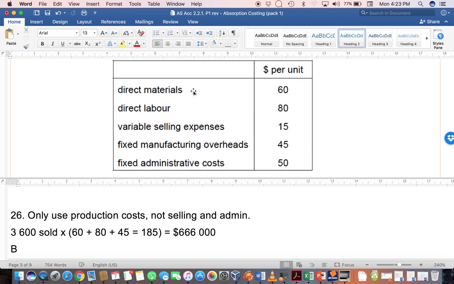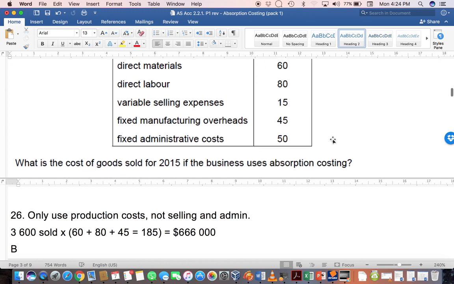You are also given a number of other figures per unit. You are told your direct materials, your direct labor, and your variable selling expenses all per unit, and those are all variable costs that would relate to the products. Then you are also given your fixed manufacturing overheads and your fixed administrative costs, also as a figure per unit.